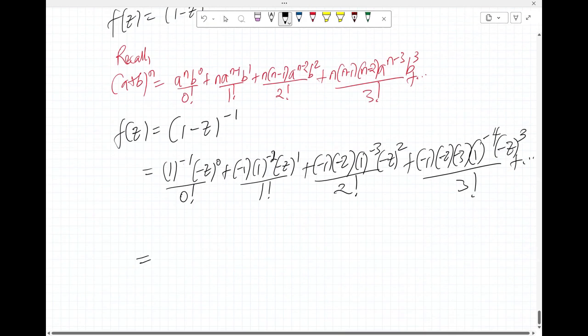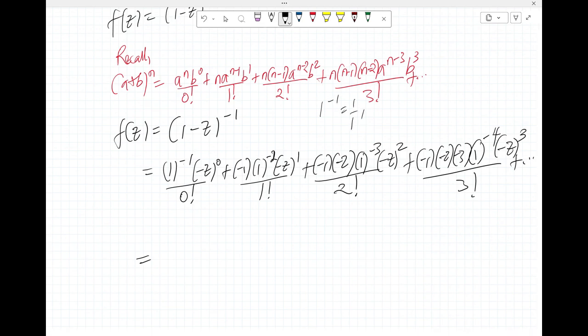Of course, 1 raised to power minus 1 is 1 over 1 raised to power 1, which is 1. So all of that is going to be 1. You can already know that all this is 1, so you don't get confused with that. And then we know minus z raised to power 0, anything raised to power 0 is 1. 0 factorial is also 1.